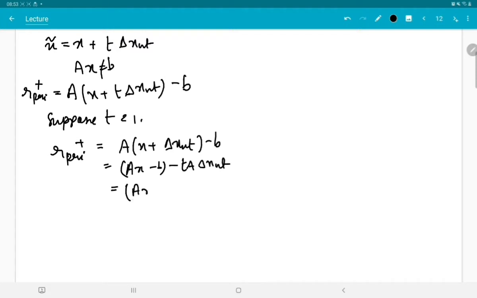So we have (Ax minus b) times (1 minus t) as the updated primal residue.